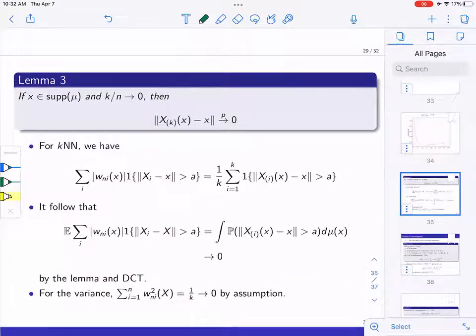Okay, so let's try to prove that k-nearest neighbors is consistent. The first is this lemma, which is saying that if x is in the support of mu, the distribution of x, and if k over n goes to 0, then the distance from the kth nearest neighbor to x converges to 0 in probability. It's an interesting result.